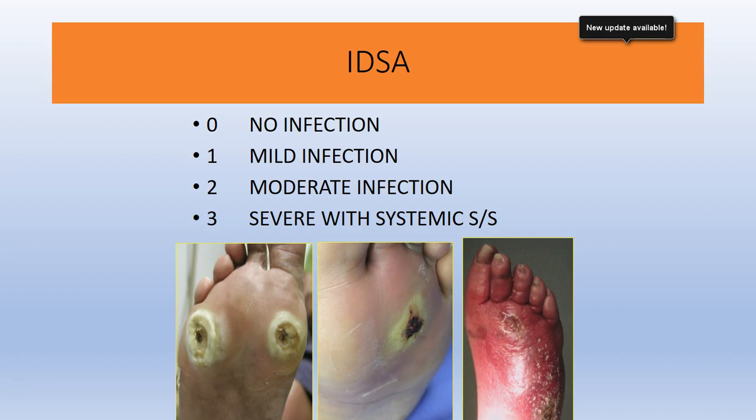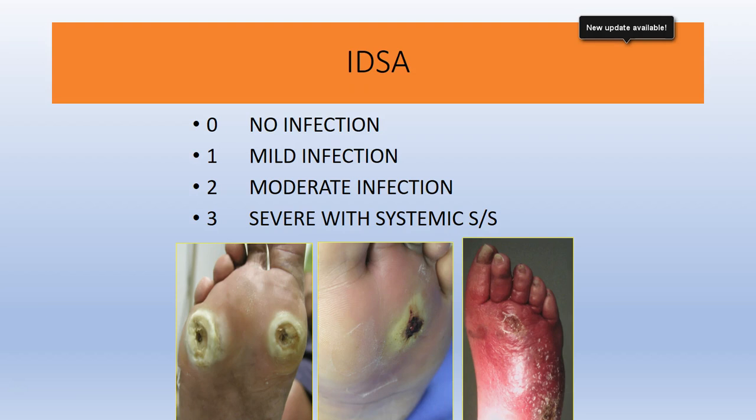So, for example, in a mild infection with erythema less than 2 centimeters from the wound, a patient who's hemodynamically stable, whose glucose levels are not out of control, a patient, in other words, who's not sick, we can classify that patient as having a mild infection and not have to hospitalize that patient and have a basis to stand on.